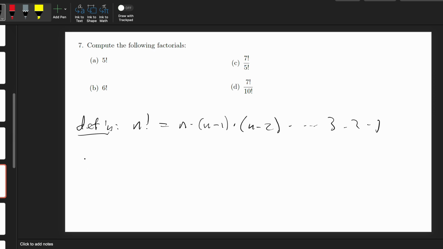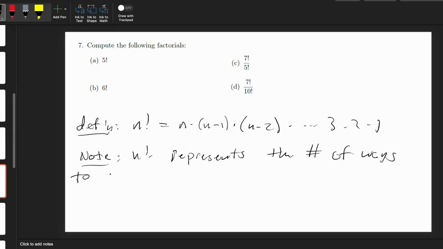It's a very simple definition. Note, n factorial represents the number of ways to arrange n objects.